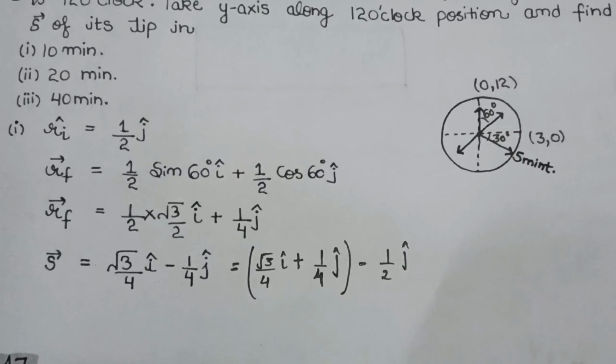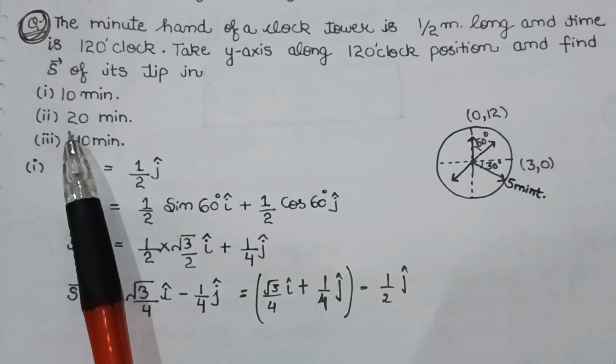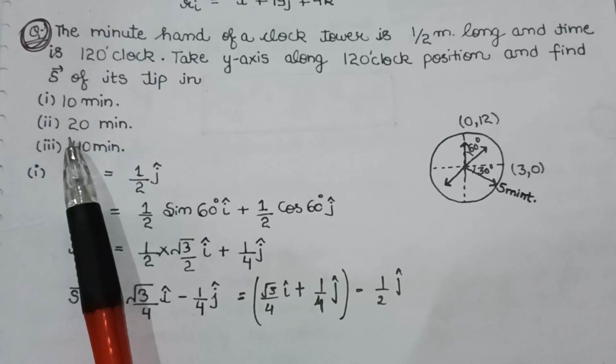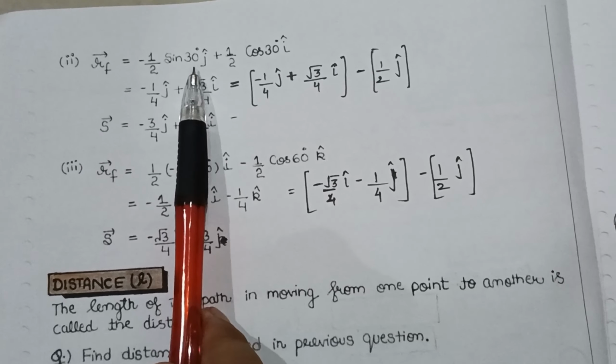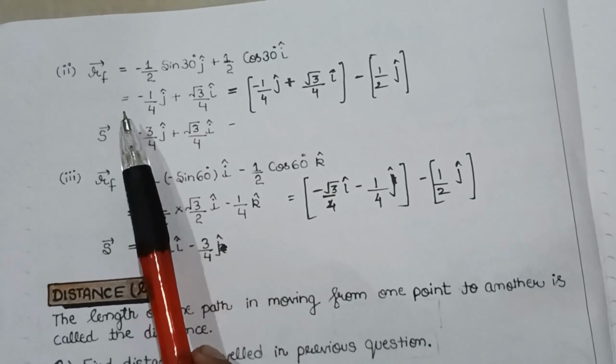is to find the displacement when the minute hand displaces after 20 minutes. Final position vector is equal to minus half into sin 30 degree j cap plus half of cos 30 degree i cap, which is equal to minus 1/4 j cap plus root 3/4 i cap.